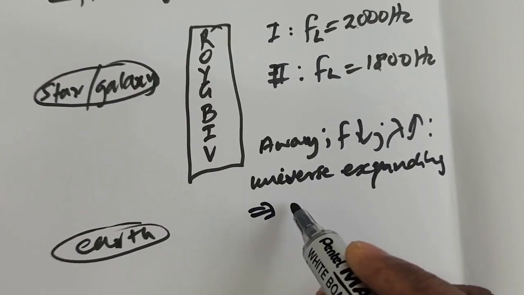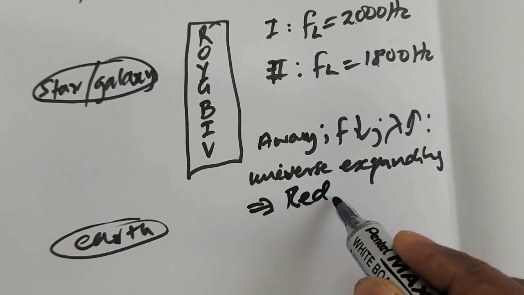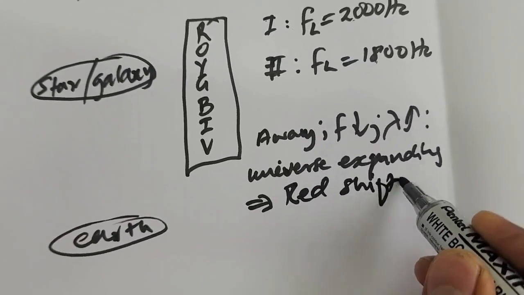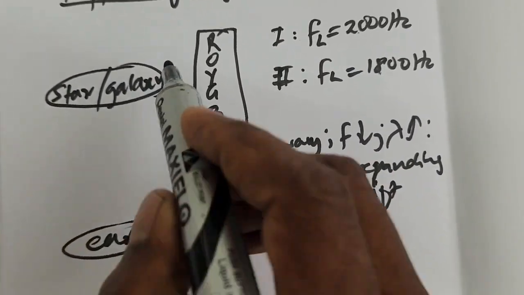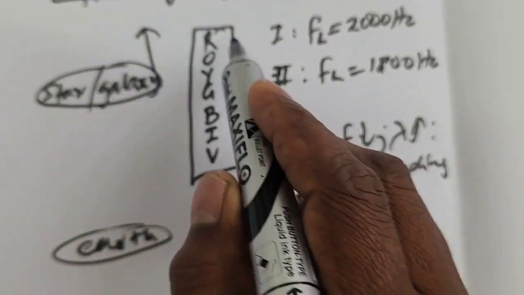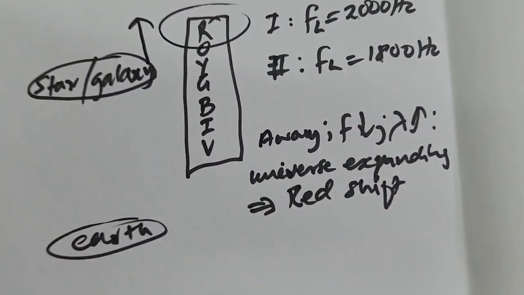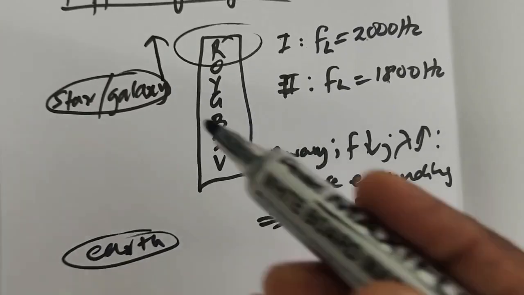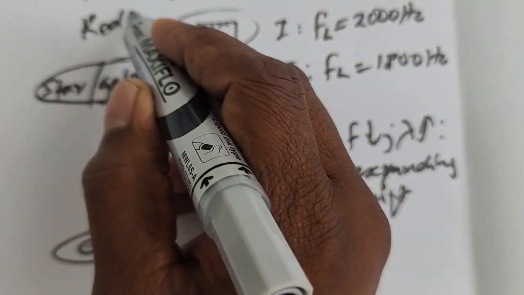Then this is called redshift. Why redshift? Because the stars, as they are moving away, are moving towards the red end of the spectrum. That's why we call it redshift.